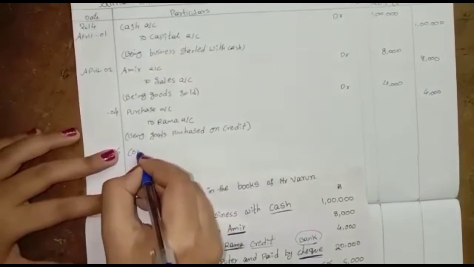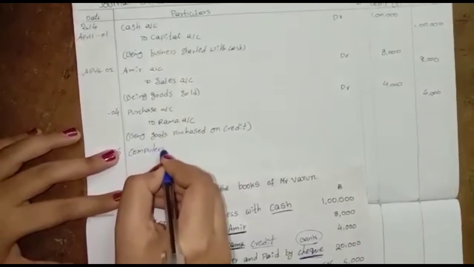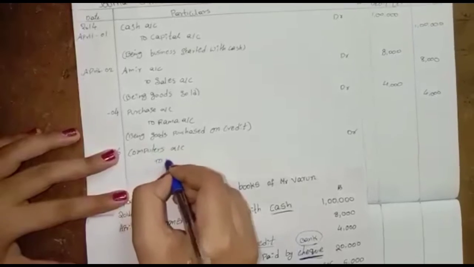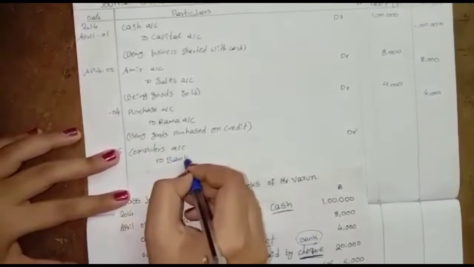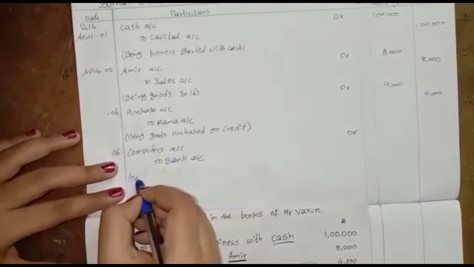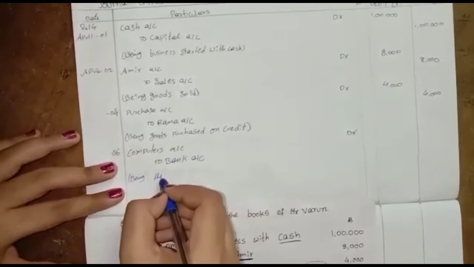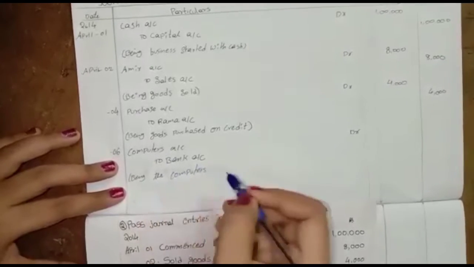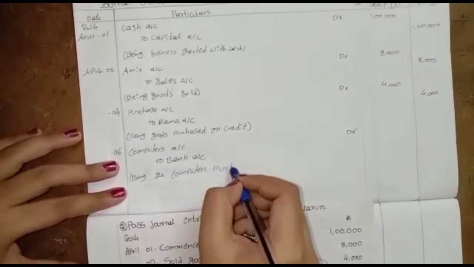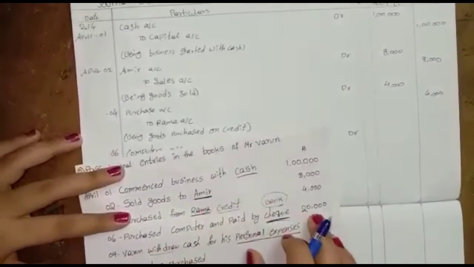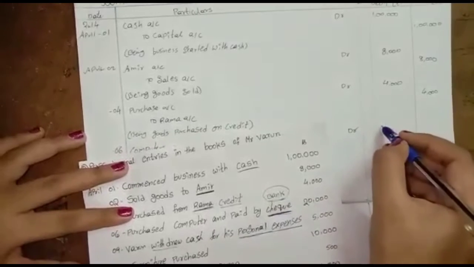So computers account debtor to bank account. The narration is being the computers purchased. The amount is 20,000.